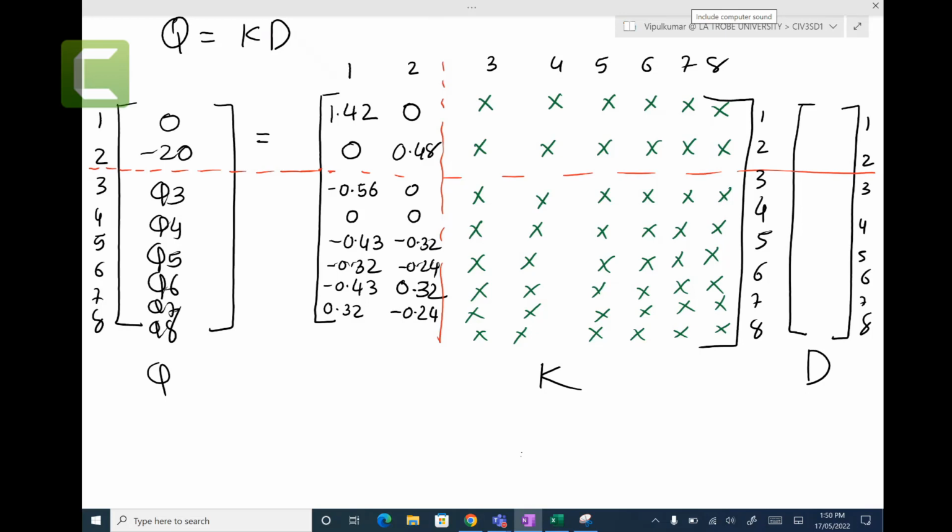So here, D1 and D2, that's what we need to find, and these are supports. You know, pin supports there, right? The displacements at 3 pin supports are 0. If you look at D3, D4, they are 0. There are fixed degrees of freedom. Fixed meaning 0 degree of freedom.